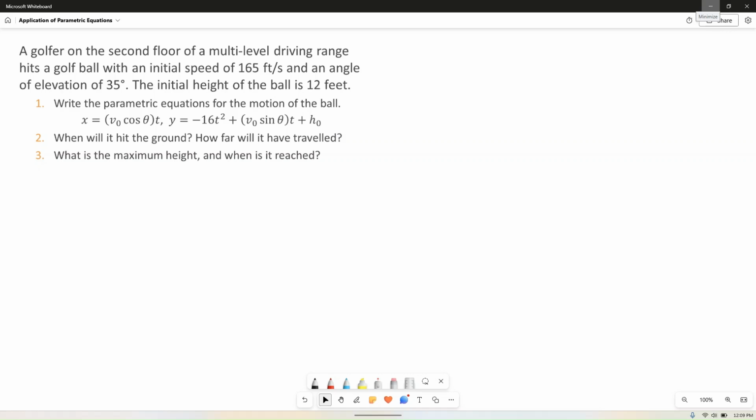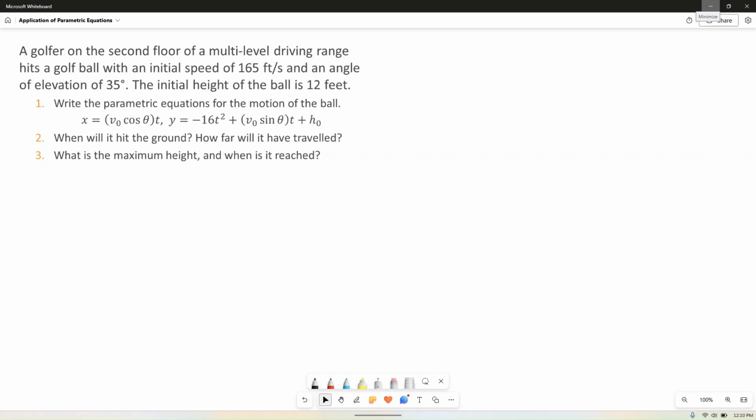For the y equation, the negative 16t squared is there because of gravity, if you ever take a physics class. Gravity is a downwards force pulling objects downwards. We don't have gravity in the horizontal direction, so that's why the negative 16 is only on the y equation. The x equation is a linear function of t, while the y equation is a quadratic function of t.